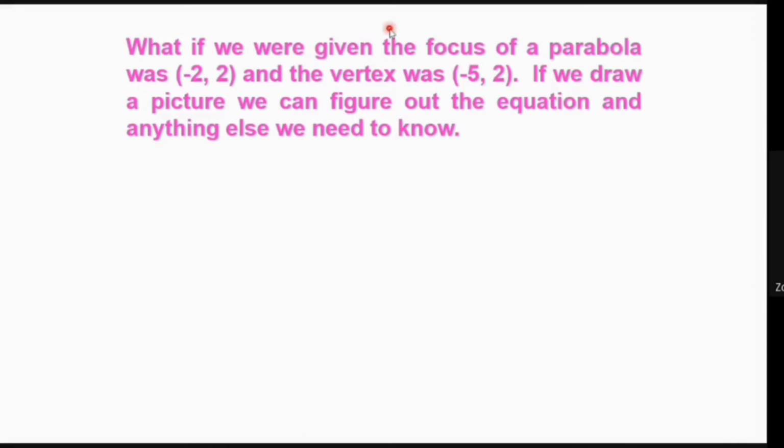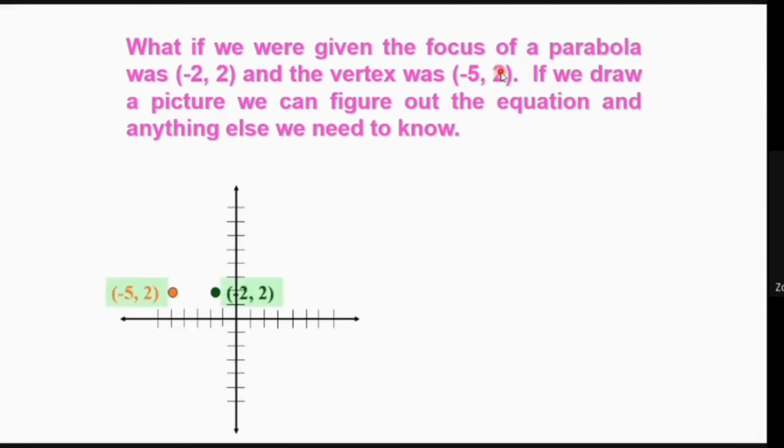Ibig sabihin, ang first step na gagawin natin dito is that we are going to plot the focus and the vertex of the parabola in the Cartesian plane. So let's start with negative 2, positive 2. Ito po siya. Let's count 1, 2. This is negative 2. Positive 2 going up, 1, 2. So, ayan po siya. Yan po yung focus ng parabola.